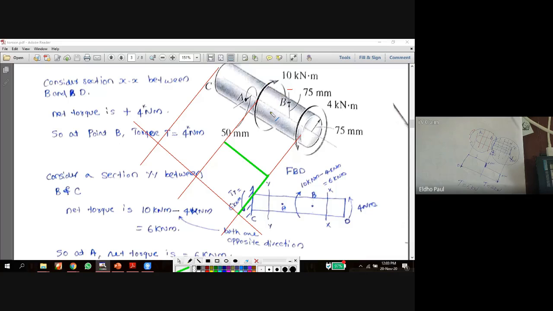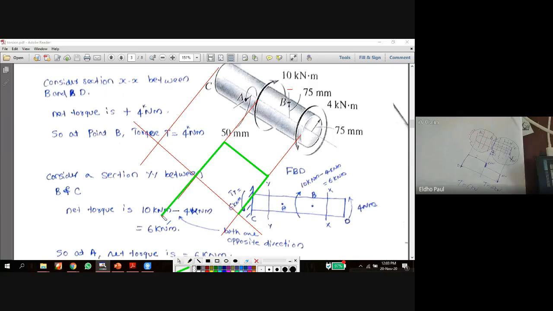But at this point we can see 4 kilonewton is clockwise, but here it is anti-clockwise. 10 kilonewton is anti-clockwise. So here we are not increasing by 10 kilonewton, but decreasing by 10 kilonewton, because the direction of rotation is different.